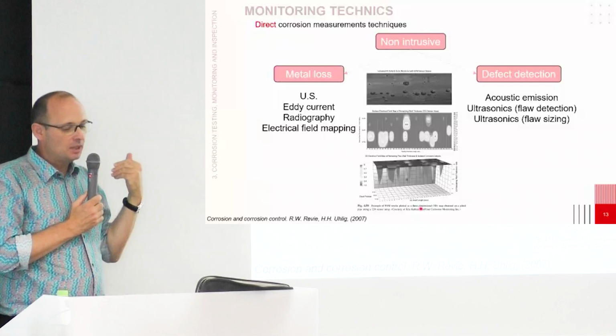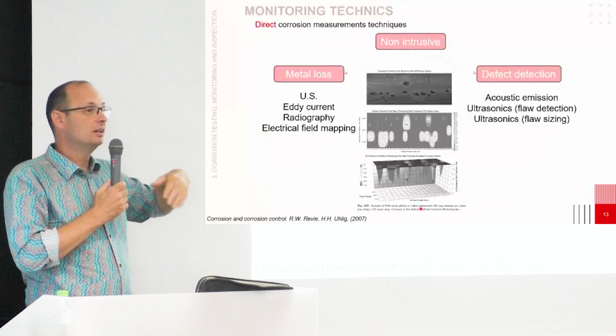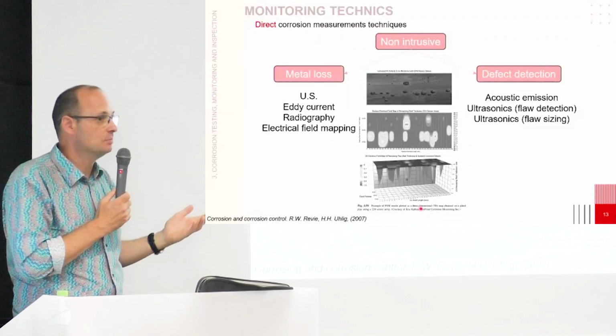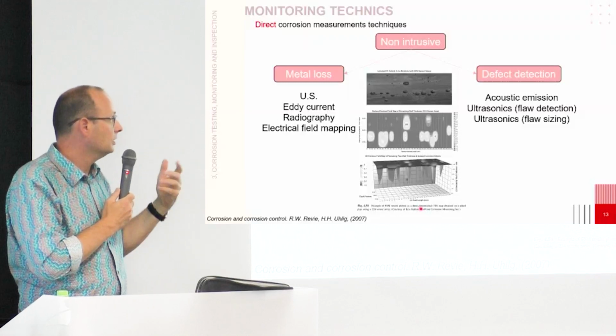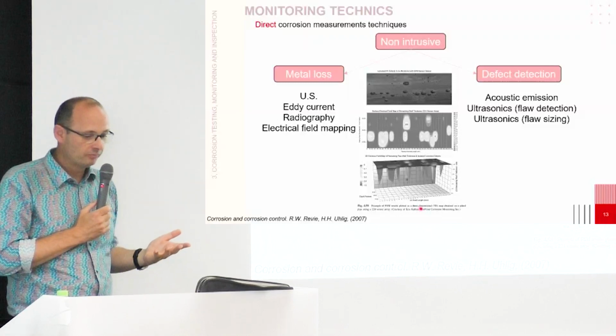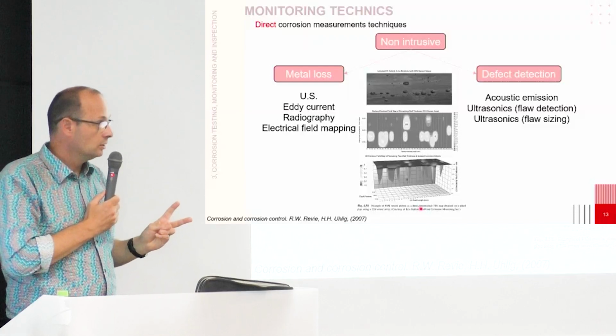So in this case, we are using non-intrusive techniques, and at this time, we will jump to the techniques that have been already well described and illustrated before. I can have two things in non-intrusive.